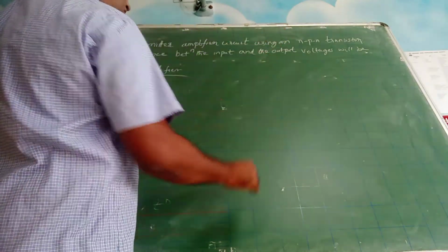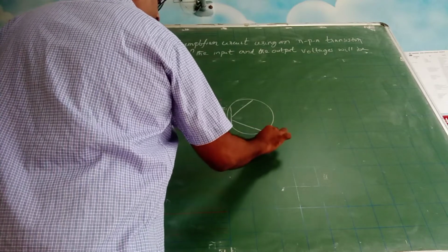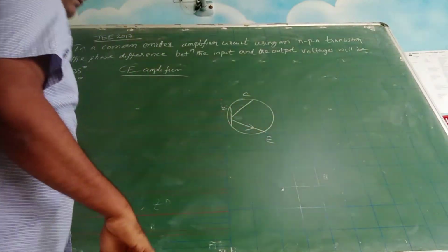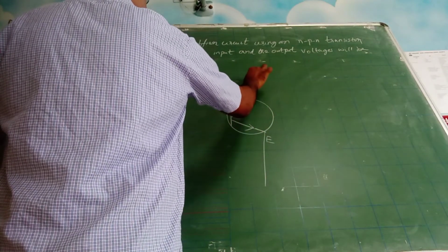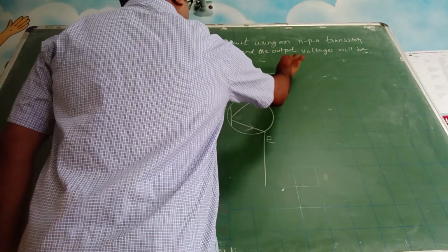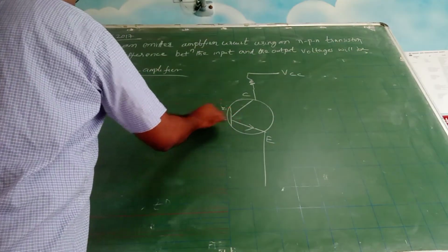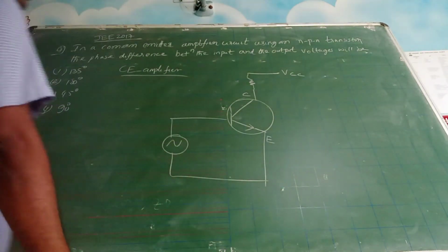It's an NPN transistor. So this is the emitter side, this is the collector side. Current will flow towards the emitter. Okay. So this is the collector side terminal, and let us say this is connected to an AC source.